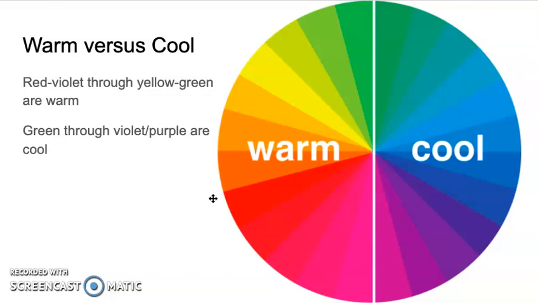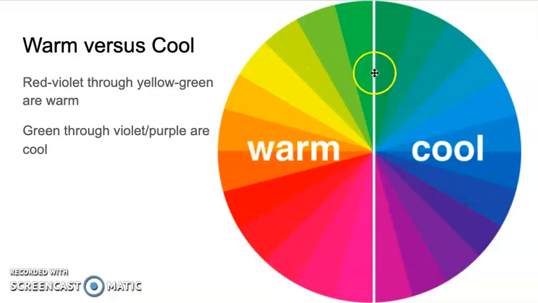Cool colors are very calm and serene and can make us feel sleepy or even depressed. And I have the list broken down basically as red, violet through yellow, green are warm, violet or purple through green are cool.